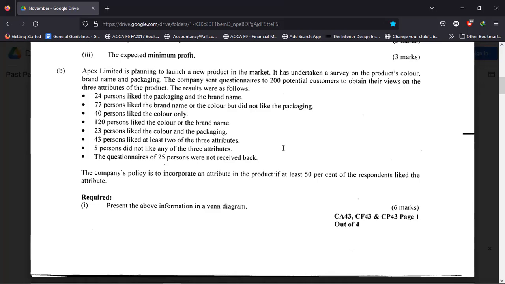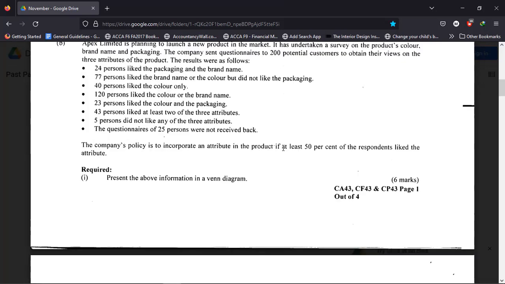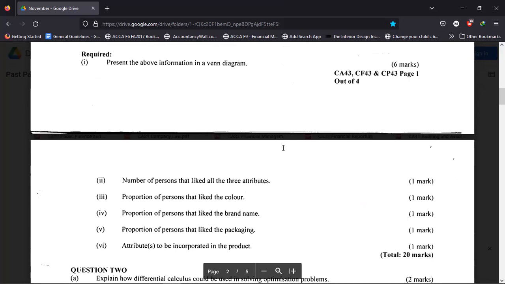Present the above information in a Venn diagram. 2, number of persons that like all the 3 attributes. 3, proportion of persons that like the color. 4, proportion of persons that like the brand name. 5, proportion of persons that like the packaging. 6, attributes to be incorporated in the product.